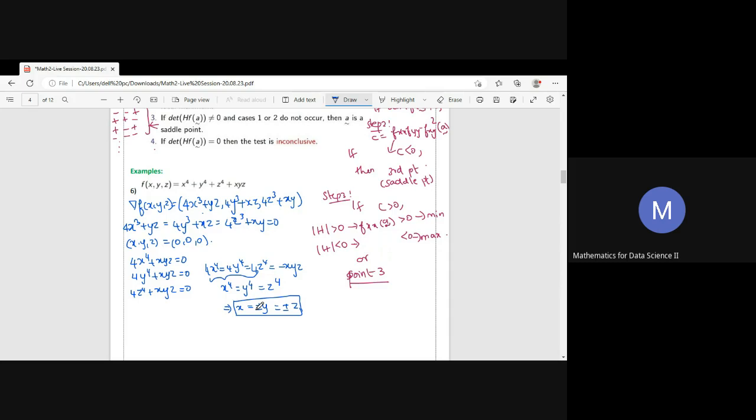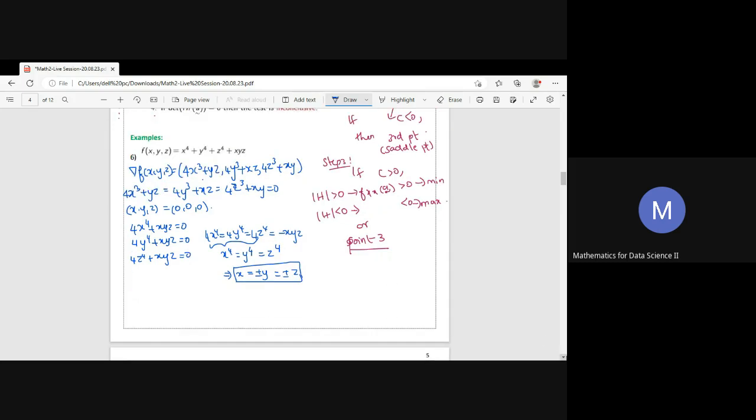Now let us see whether you can solve the first equation. You have 4x cube plus yz is equal to 0. Now if we use that, y is equal to plus or minus x and also z is equal to plus or minus x. Maybe you can consider one case, for example, both are positive or both are negative.